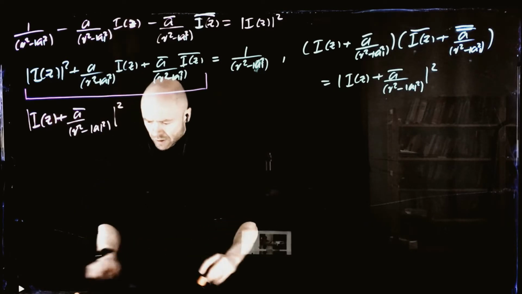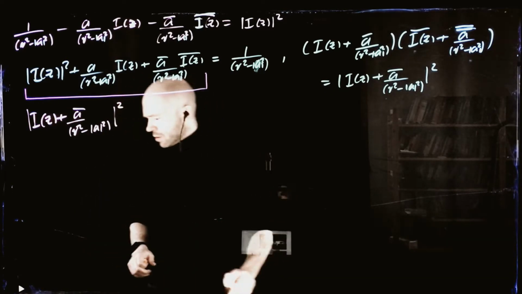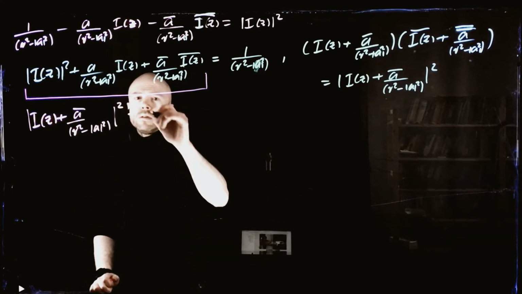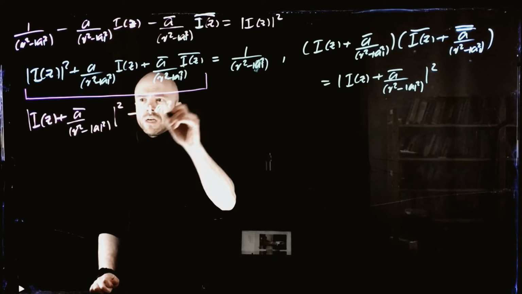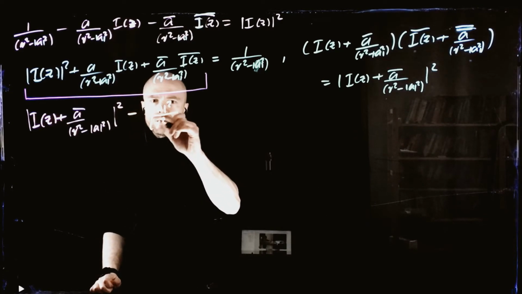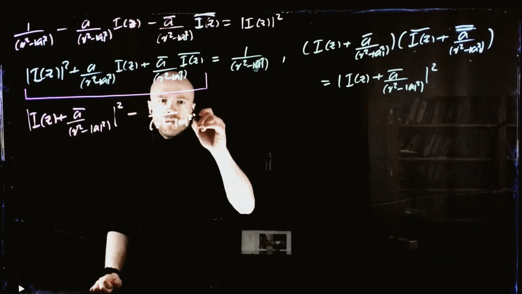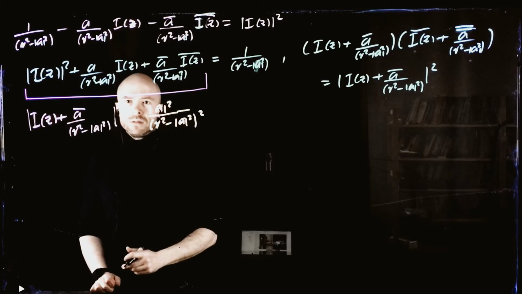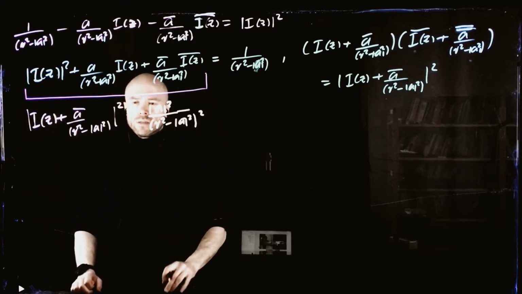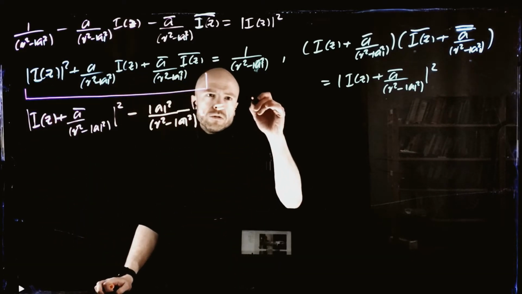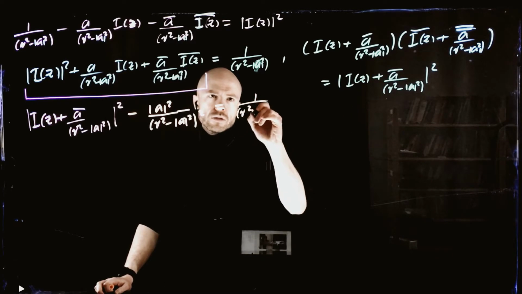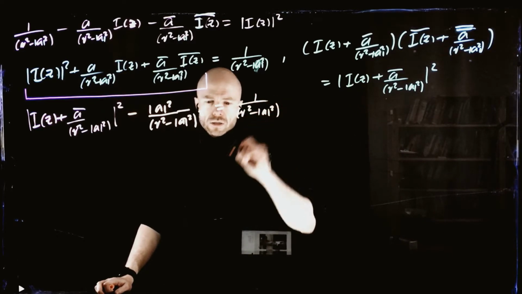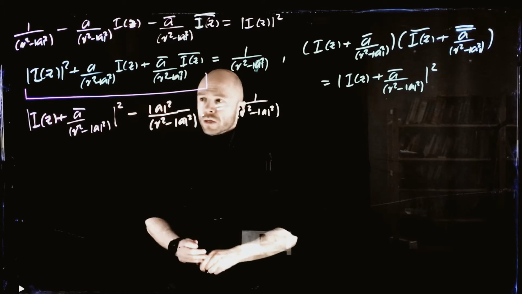And then we are going to subtract mod a squared r squared minus mod a squared. That thing is equal to that thing, and that thing itself is equal to this thing, R squared minus mod a squared. Like this. Okay, so we're almost there.